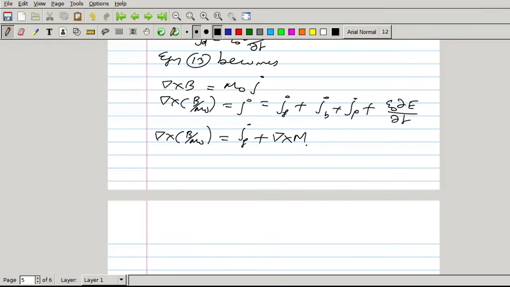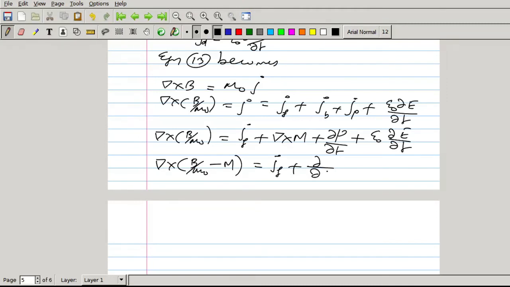Del cross M. Then plus J polarization, which is dou P by dou T, plus epsilon 0 dou E by dou T. Taking this term to the left hand side, del cross (B by mu 0 minus M) is equal to J_F plus, combining the last two terms, dou by dou T of (epsilon 0 E plus P).